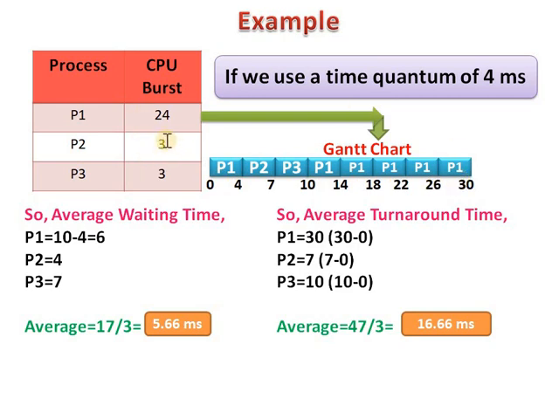In this example, if process P2 had a time period of 7 milliseconds, then P2 would first be executed for 4 milliseconds, and after that again for 3 milliseconds.